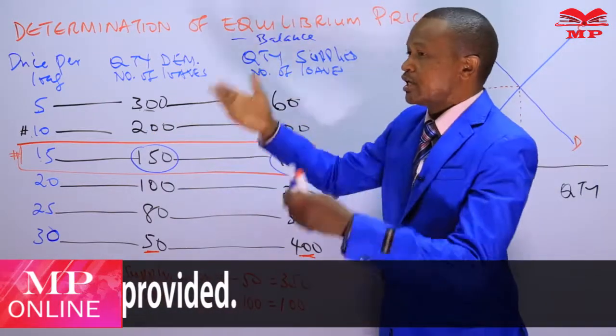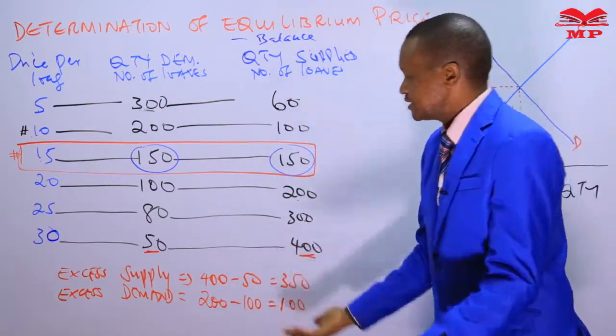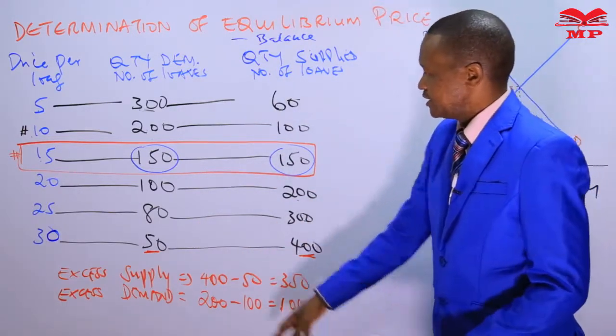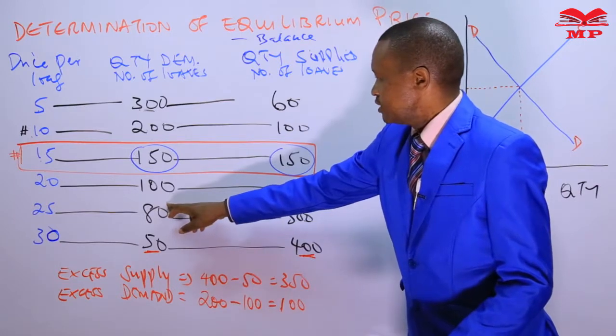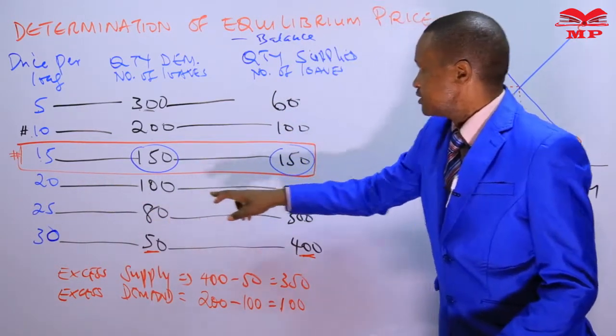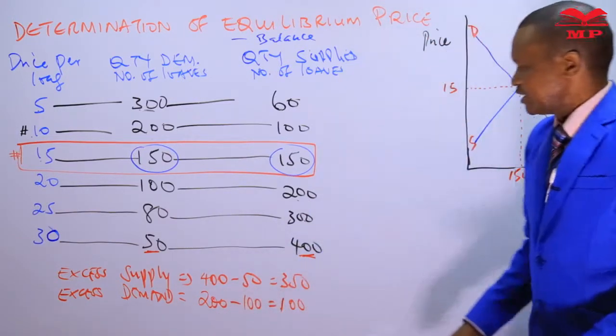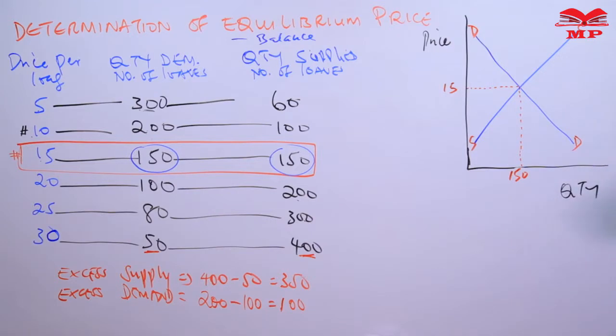When the price goes up, then more suppliers would supply, leading to excess supply. Like in this case, when the price is 20 shillings, the quantity demanded is 100, supply 200, meaning there is an excess supply of 100 loaves of bread in that week, or in that day of the week.